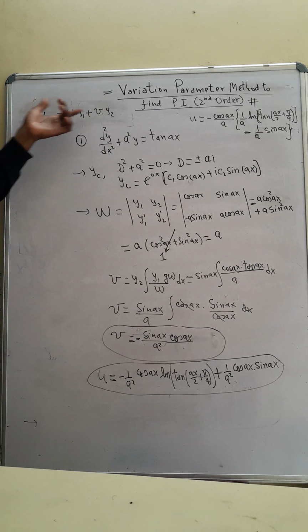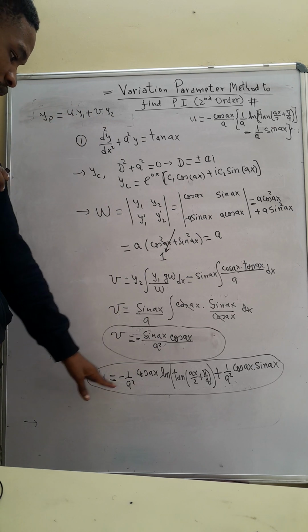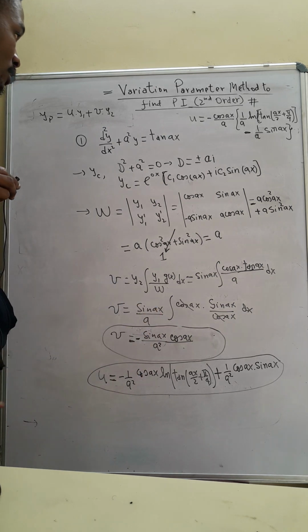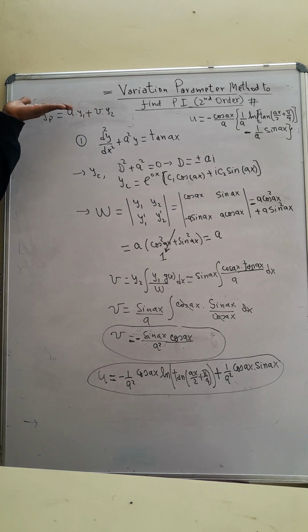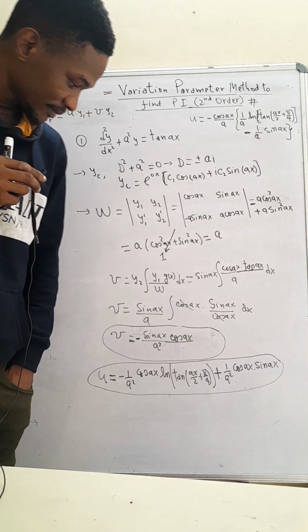Okay, just put them together, and that's fine. You have found your u, and you have found this guy. Put together, and that's the way you do for this case.